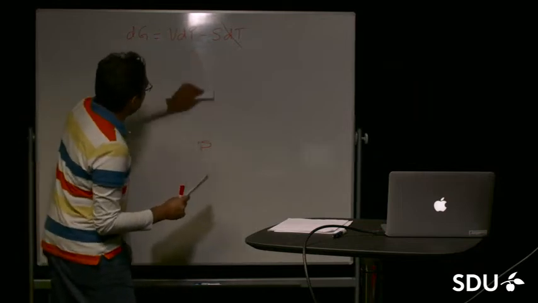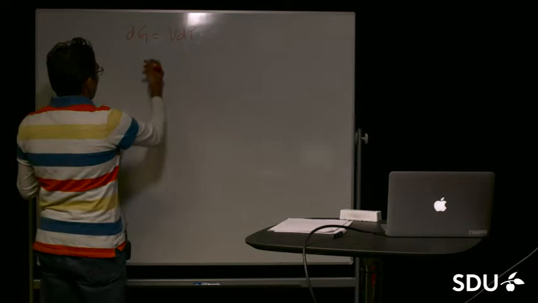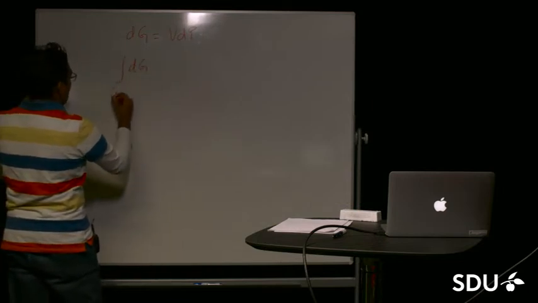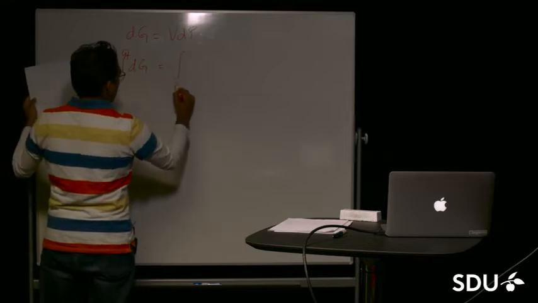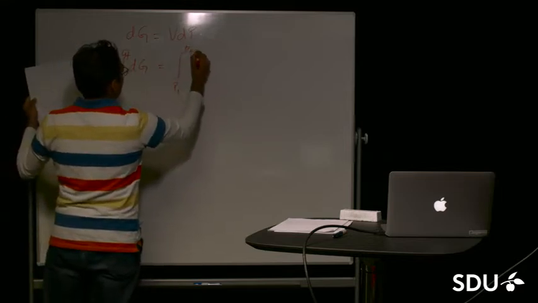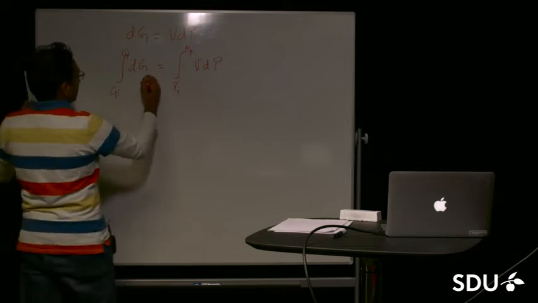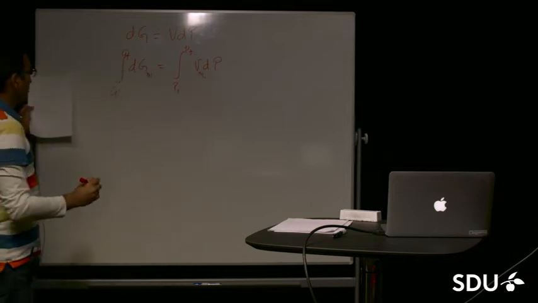for an ideal gas. If I try to integrate this equation, I can write it in the following way: from initial pressure to final pressure, V dP, and I can convert this to the molar form if I divide by the number of moles on each side.